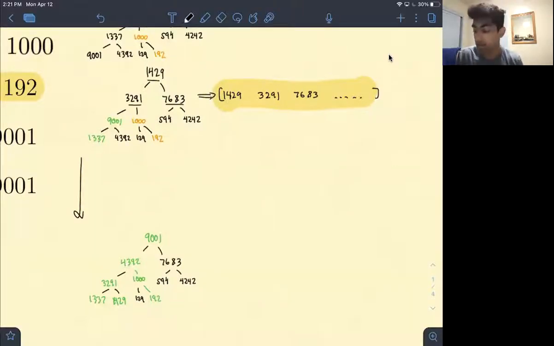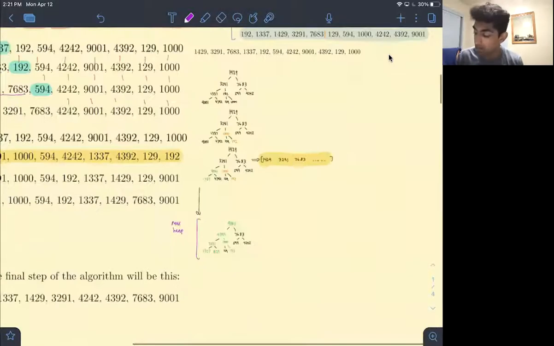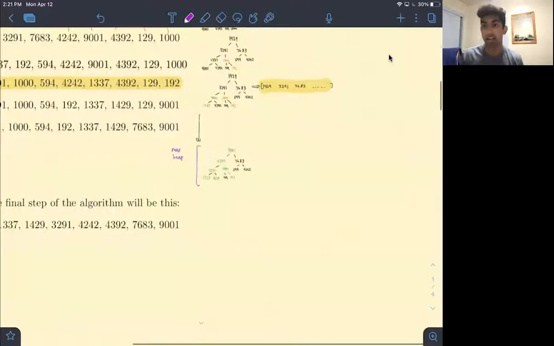But after bubbling down everybody, we get this max heap right here. We label it as a max heap just for our understanding. So now that we have a max heap, what we want to do is take this max heap and make it into a sorted array.